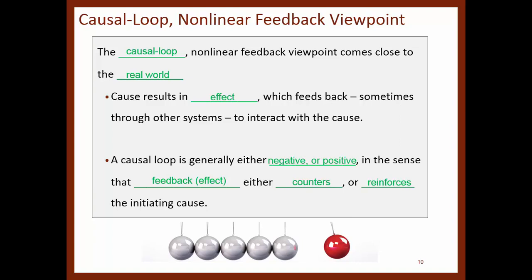If you have seen this before, you know that there's going to be a reaction. If you move the first ball, it's going to somehow transfer the force. You will not see this moving, but the last one is going to move and is going to react to that cause.